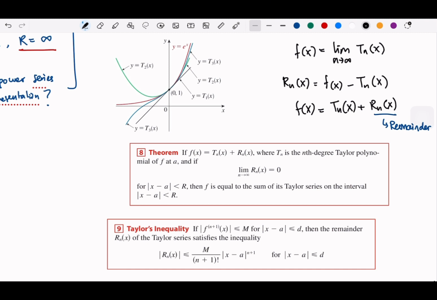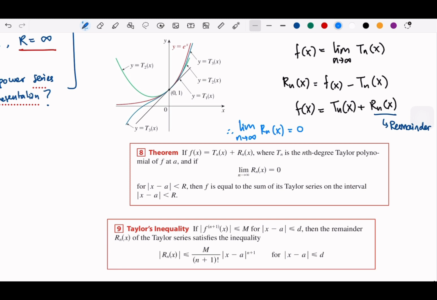Okay. So our goal is to prove that the limit of Rn of x is 0. Okay. So let me just give you the theorem first.